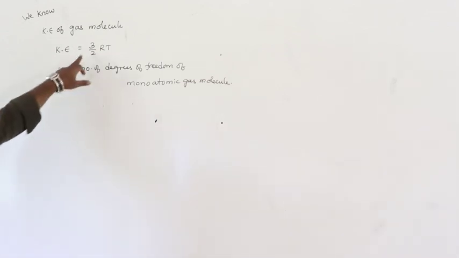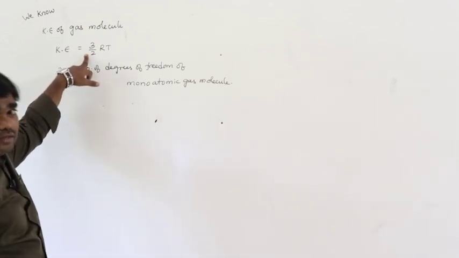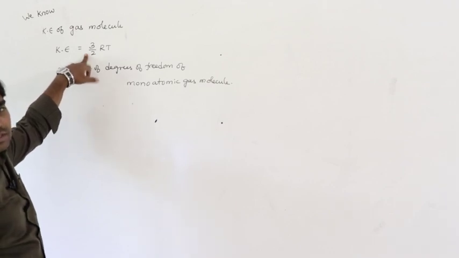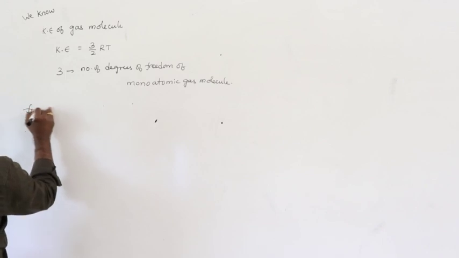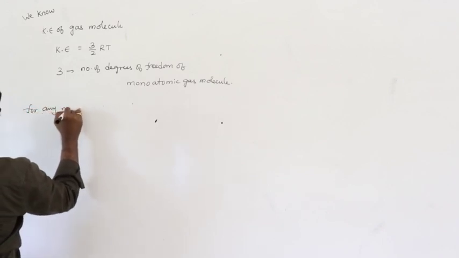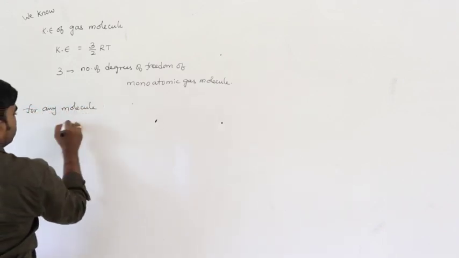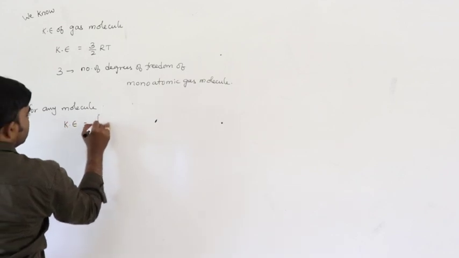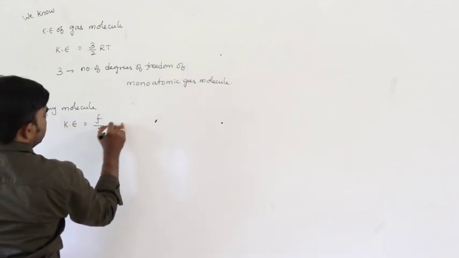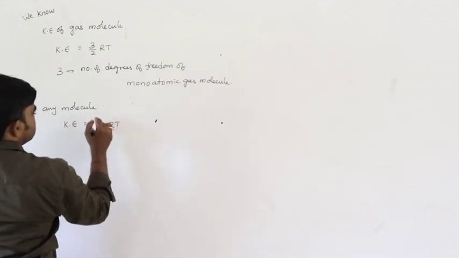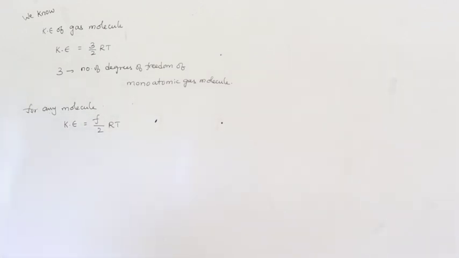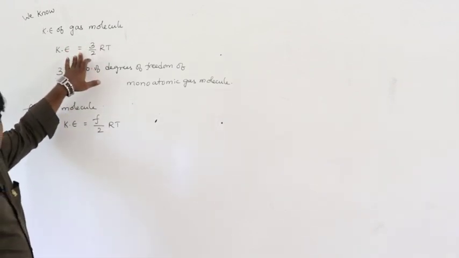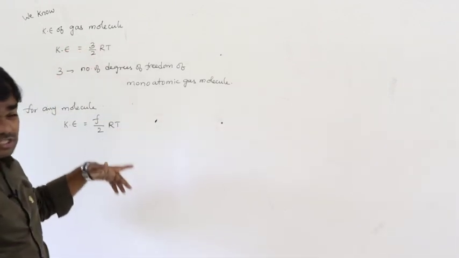For diatomic it is 5, for polyatomic it is 6. So for any molecule, the kinetic energy can be written as F by 2 RT. We will discuss this in the kinetic theory of gases chapter.